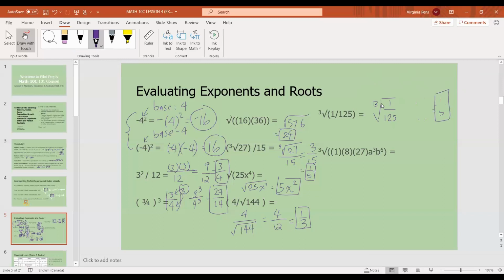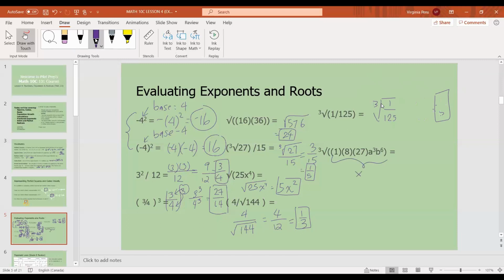Okay. Now we have something that looks really scary because it looks so long. But once again, we can condense everything under the radical. What I mean by condense is just multiplying it all together.